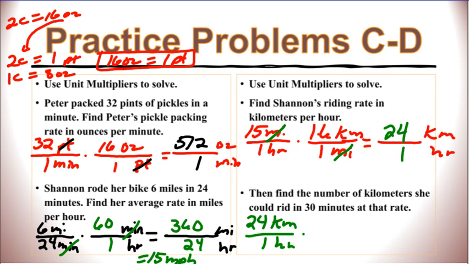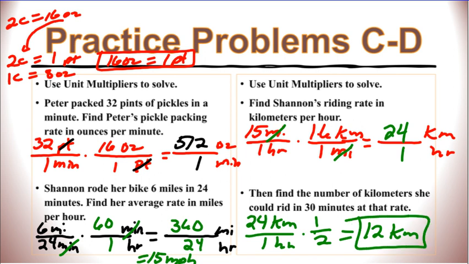So I'm going to multiply this by half. And this would give us 12 kilometers. So this one I took a little bit different route. Since it's 24 kilometers in 1 hour, 30 minutes is half an hour, so half of 24 would be your 12. So that is our lesson today on using unit multipliers to convert a rate.